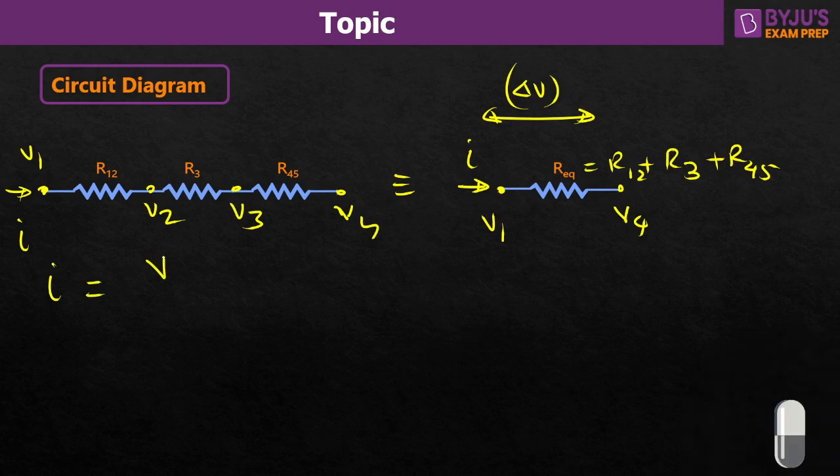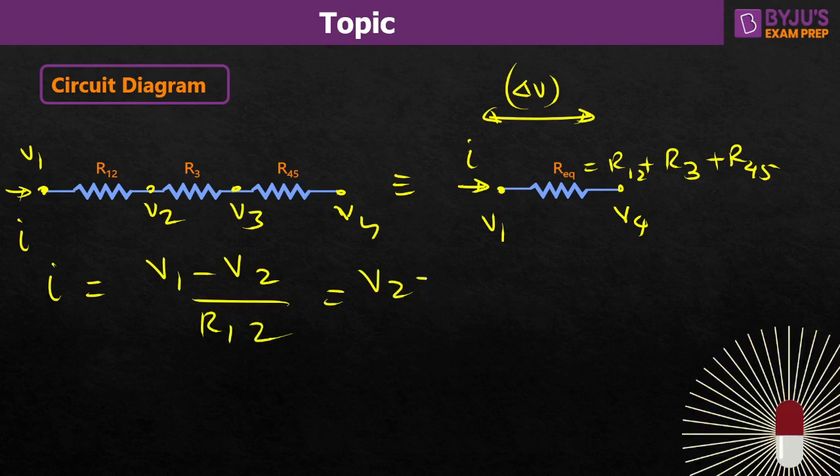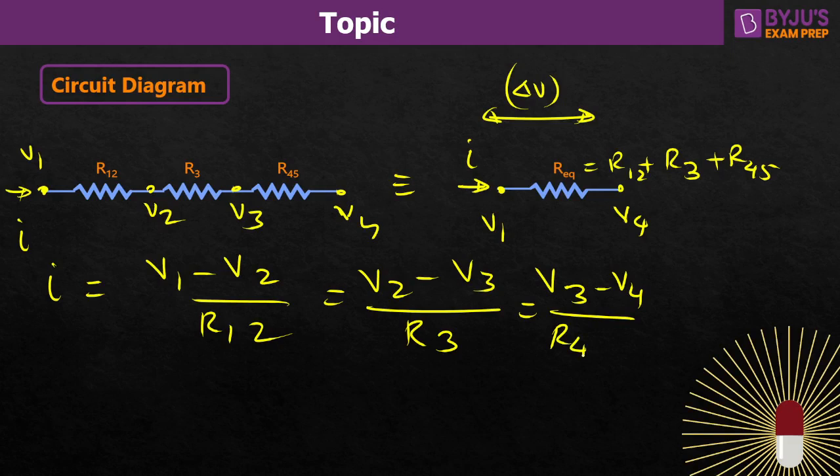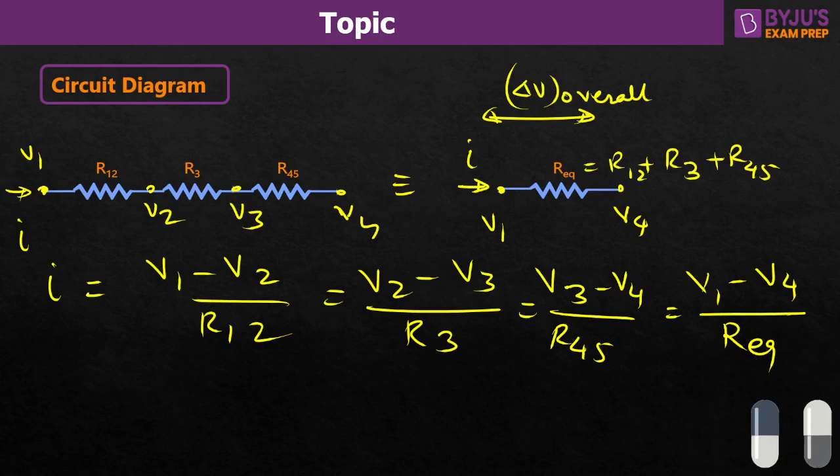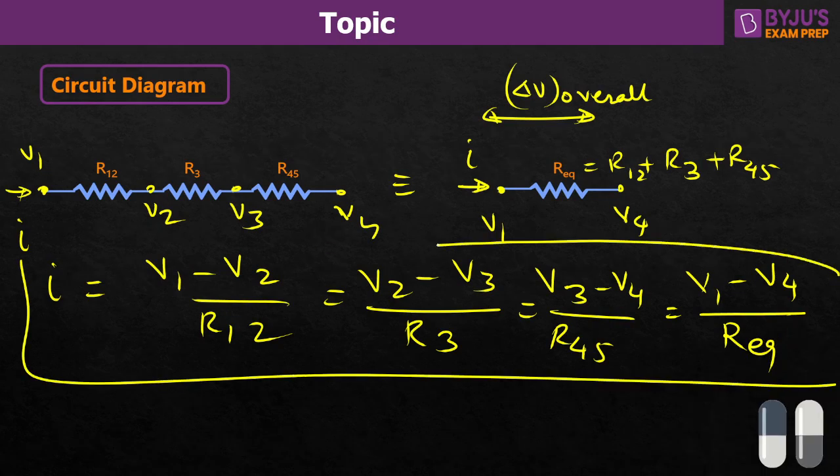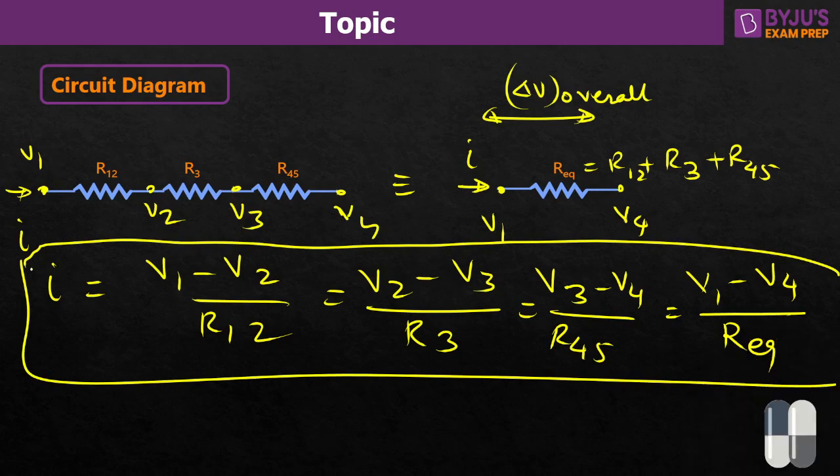I can also be written as V1 minus V2 upon R12, or V2 minus V3 upon R3, or we can write it as V1 minus V4, that is delta V overall, upon R equivalent. That is how we can analyze the circuit diagram.